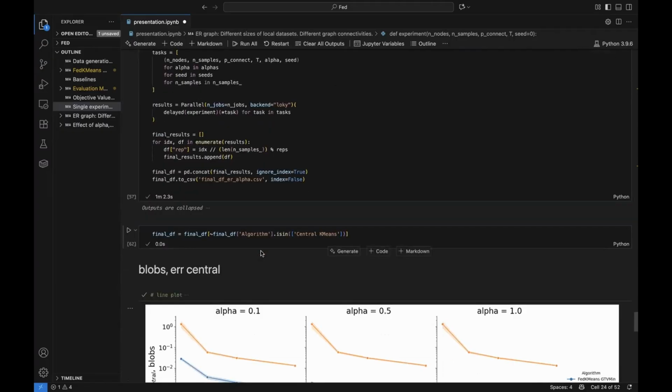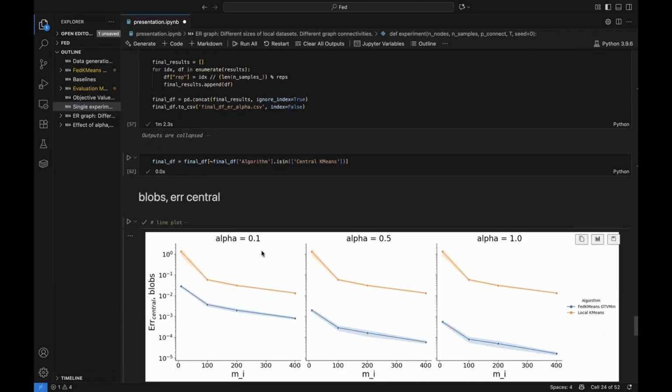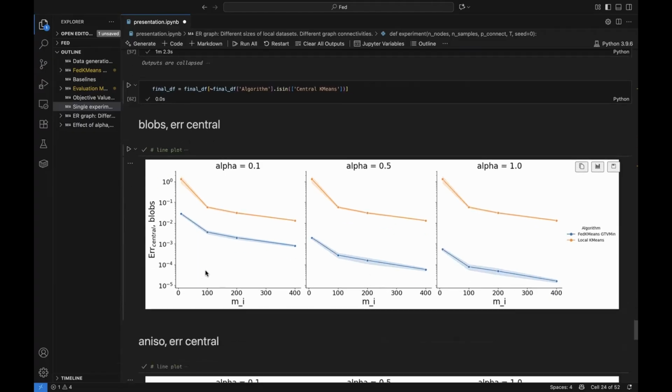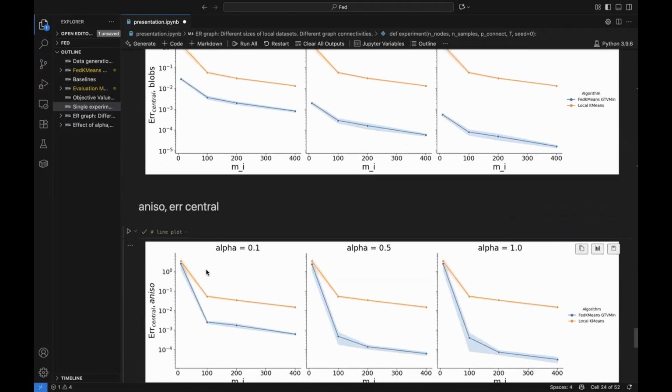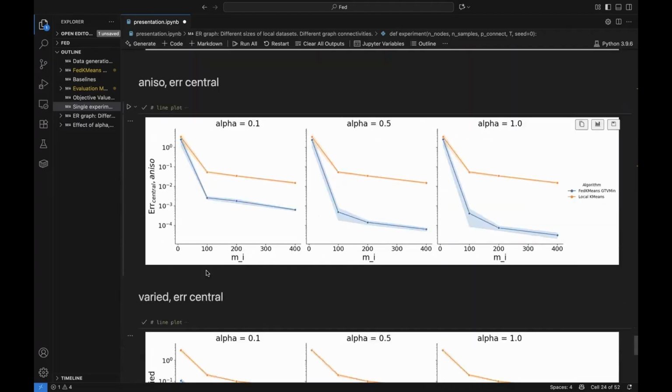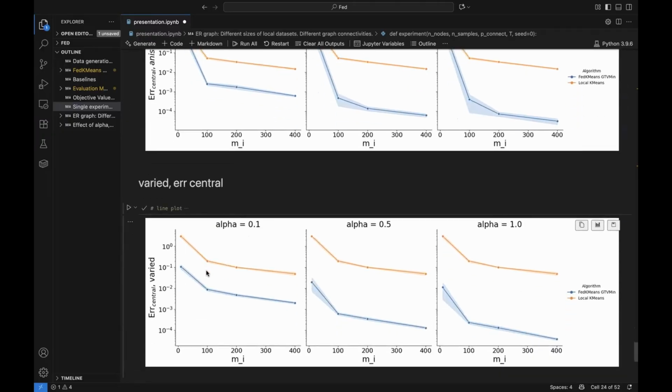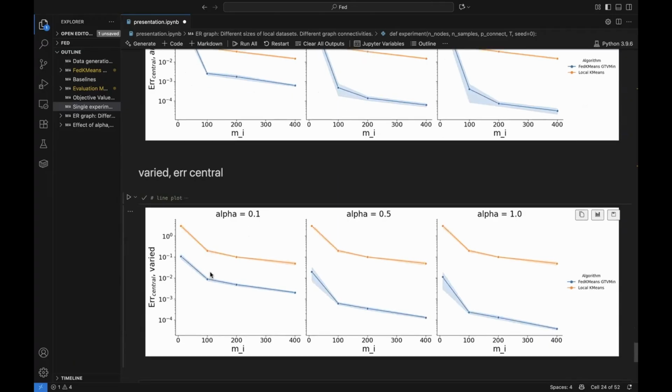So here are the results for blobs, in which you can see how the increasing of alpha greatly increases the performance. And same thing with aniso. And lastly, with varied, also with the same behavior, in which increasing also the local dataset size increases the performance of the method. Okay.